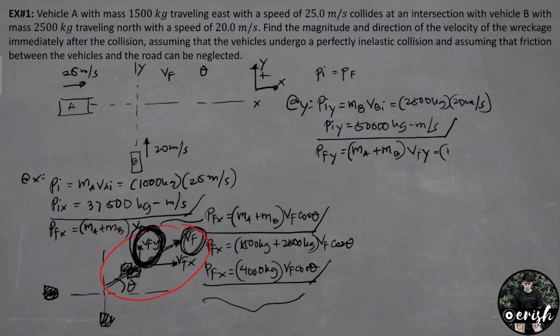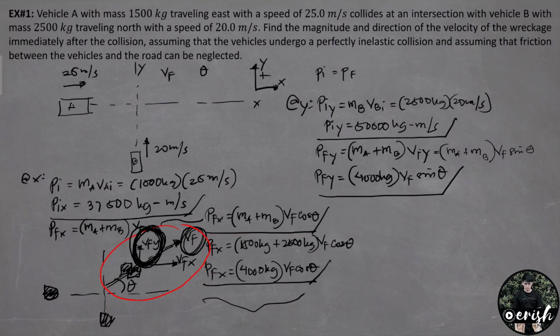So, this is mass A plus mass B times final velocity y sin theta na ang ilalagay natin dito. Substituting the values to simplify the final momentum at y component, mass A plus mass B is 4,000 kilograms ulit times final velocity sin theta. Ito na equation natin for the final momentum at y component.